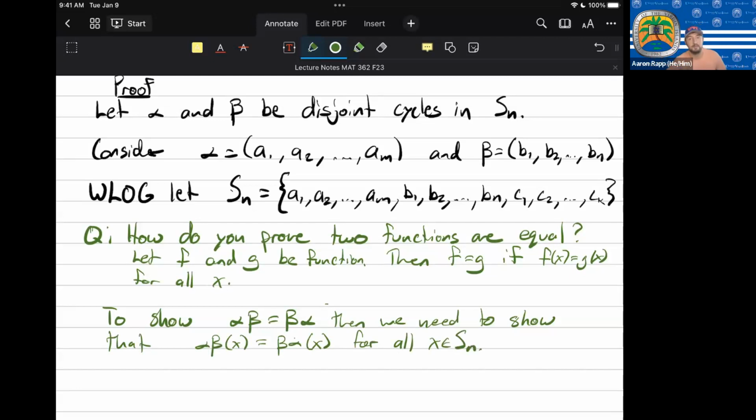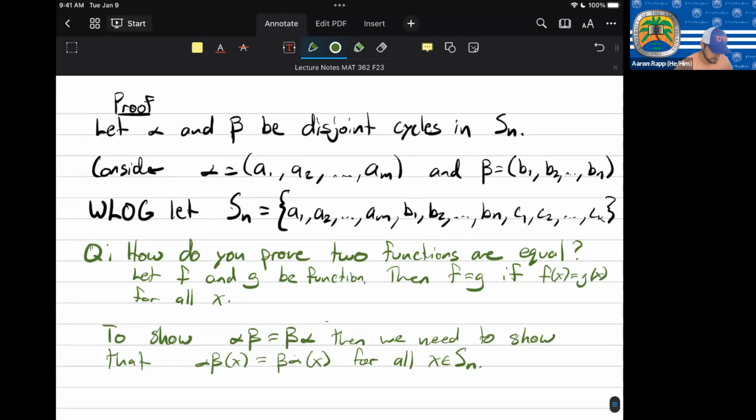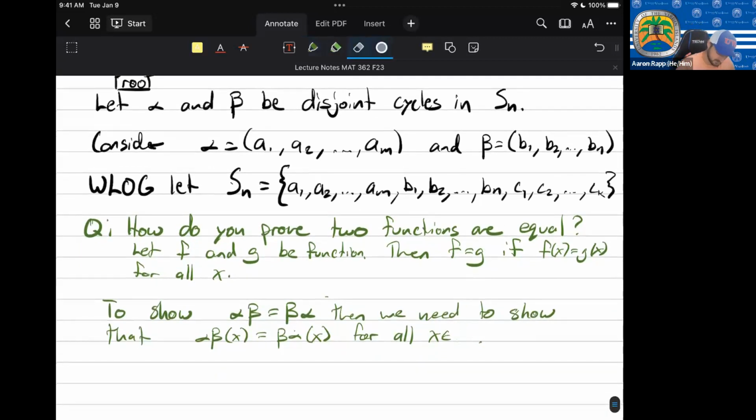Or sorry, for every element in Sn. Actually, that's bad notation.